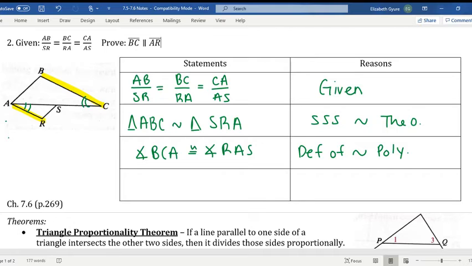Then if I know my angles are congruent, I can say my sides are parallel. And who remembers what an appropriate reason for that would be? Julia, what do you think? Yep, you can either say converse of the alternate interior angle theorem, or I would also accept alternate interior angle theorem converse, however you prefer to say it.